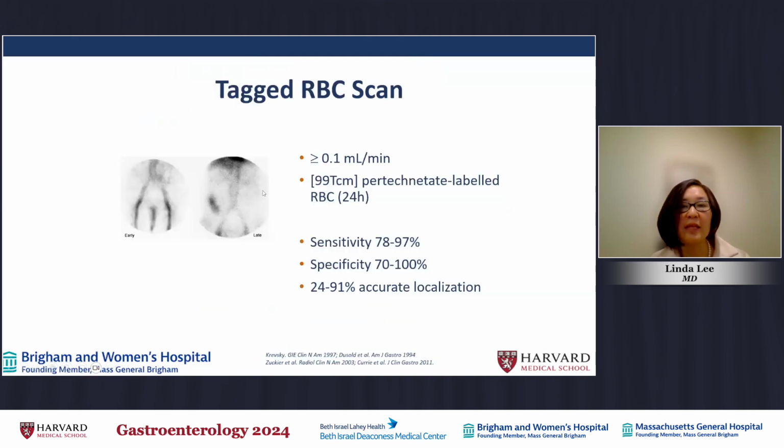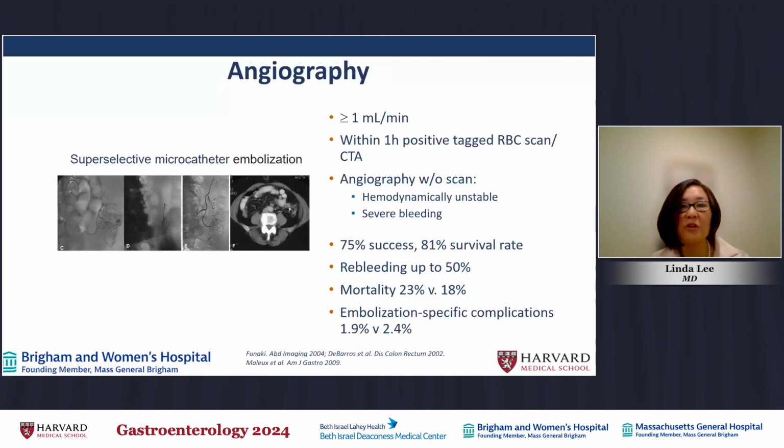The RBC scan, which we're doing less and less nowadays, is more sensitive still and relies on the use of technetium-labeled RBCs, but as we all know, has issues with diagnostic accuracy and accuracy of localization. Angiography is not typically performed initially unless the patients are bleeding briskly, because it requires a higher rate of bleeding for the radiologist to detect it.